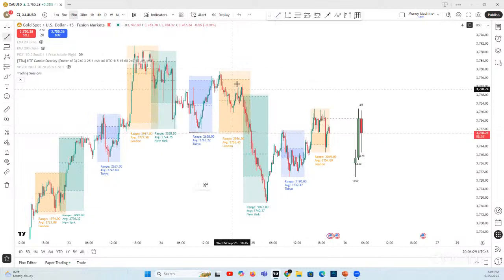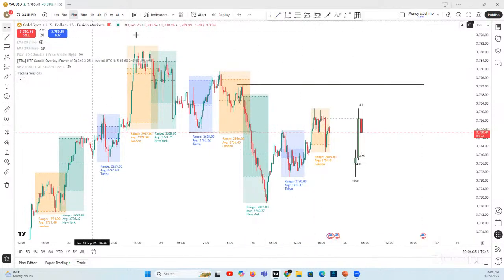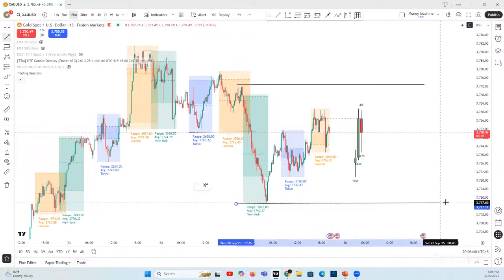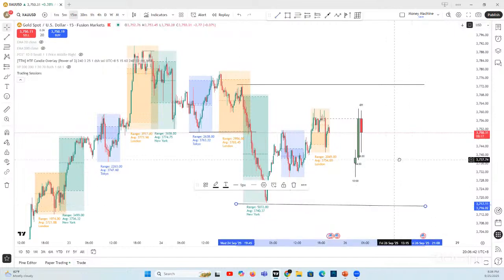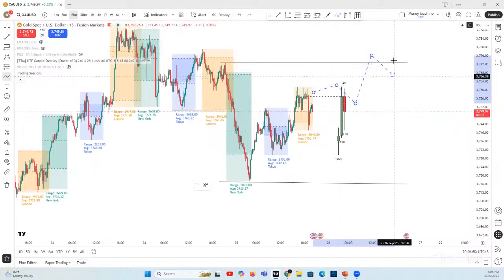Because this is the last higher low of that 15-minute trend, and this is the lower low of that 15-minute. So we are inside this range until this is broken to the upside, we are still bearish.